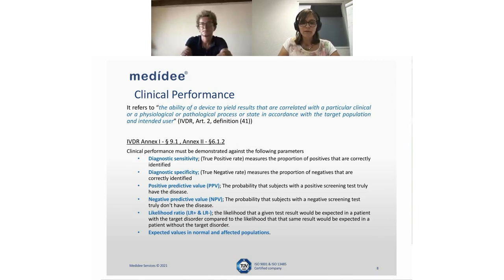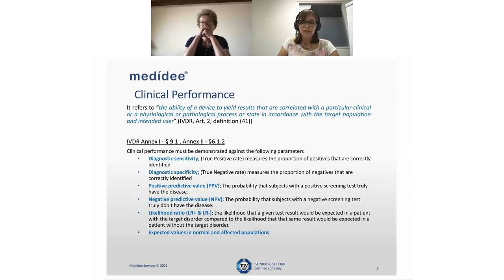These would be, for example, the diagnostic sensitivity of a test. So this is also sometimes called the true positive rate, which measures the proportion of positive results that are correctly identified. The diagnostic specificity, so this is the true negative rate, which measures the proportion of negatives that are correctly identified.